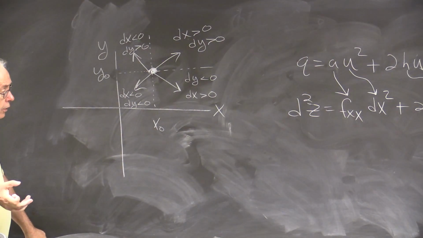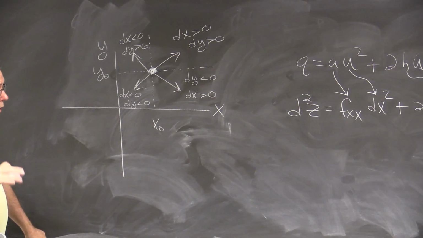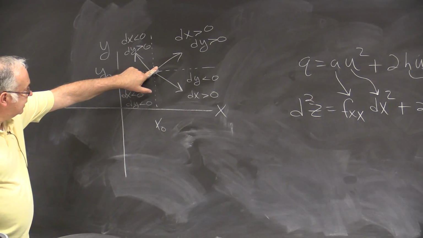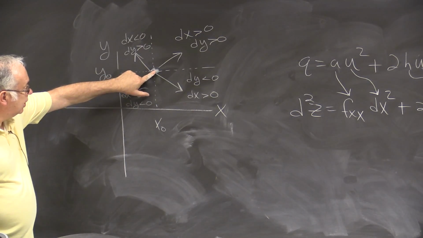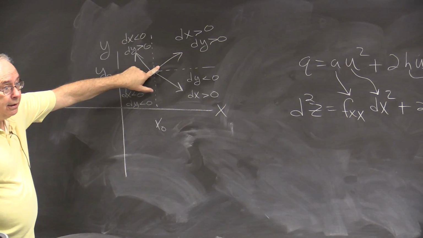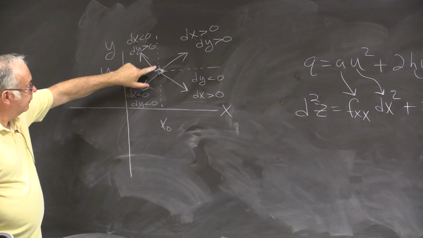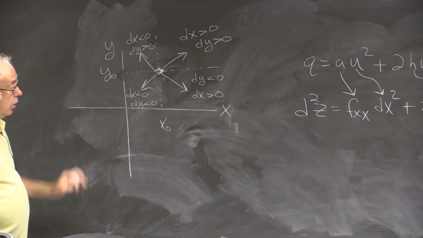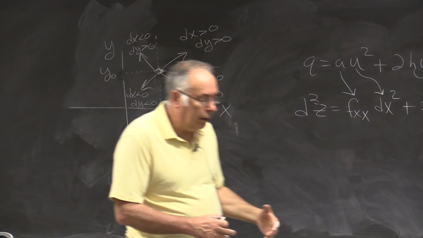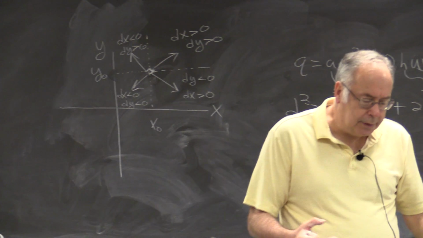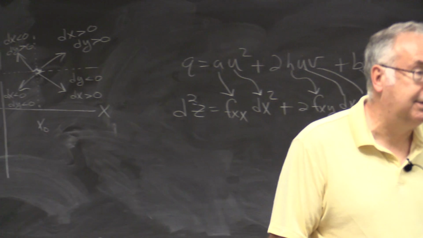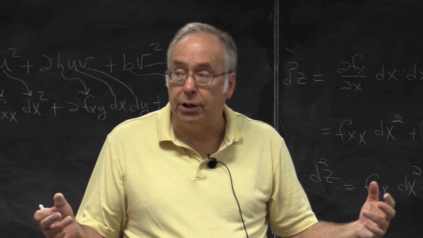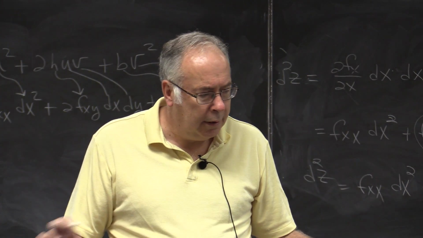Because the second order total differential is positive for all possible values of dx and dy. So it's 0 here, you move away from it just slightly, and the value of dz has to go from 0 to something positive. So you're going up. No matter which direction you go, dz is going from something that was 0 to something positive. So the value of z is increasing, no matter which direction you go. This is very clever.